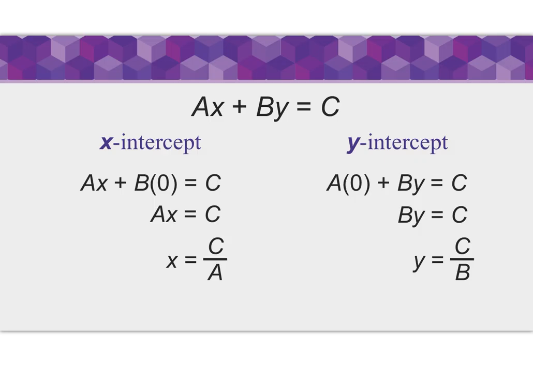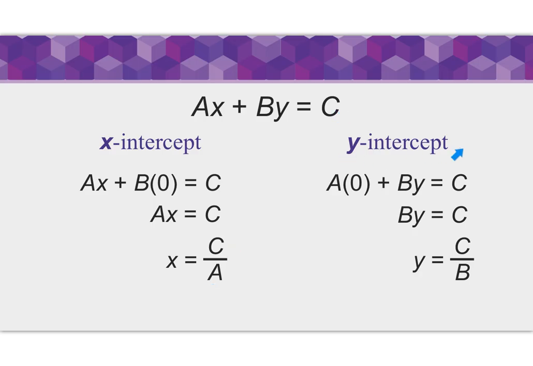Now when you have it in standard form or in the general form here, there is a shortcut, because anytime you replace the variable, in this case we replace the x with a 0, it zeroes this portion out. We just have ax equals c, and then to solve for x we would divide by a. So your x-intercept, when it is in this form, will always be c over a.